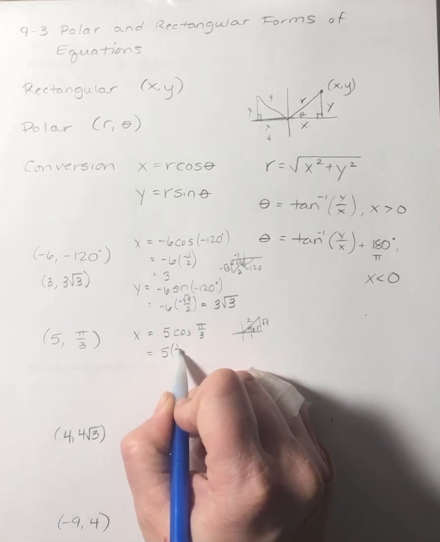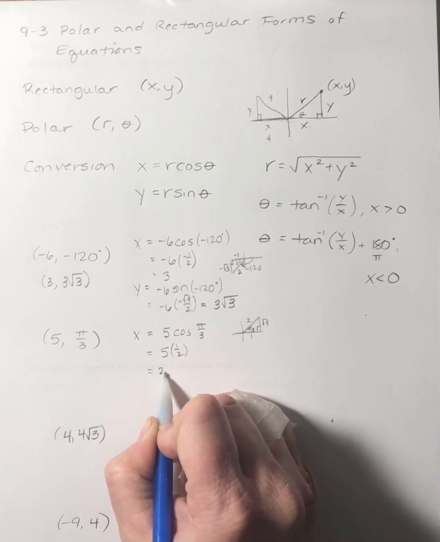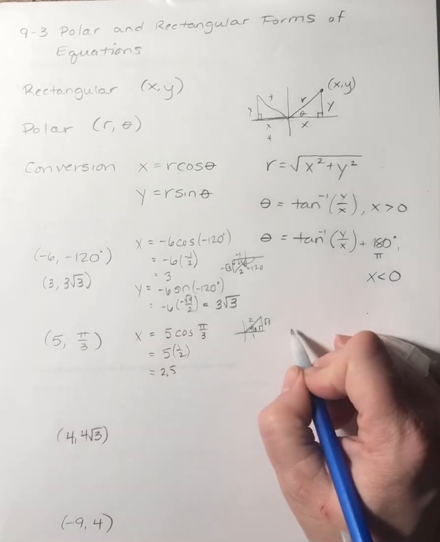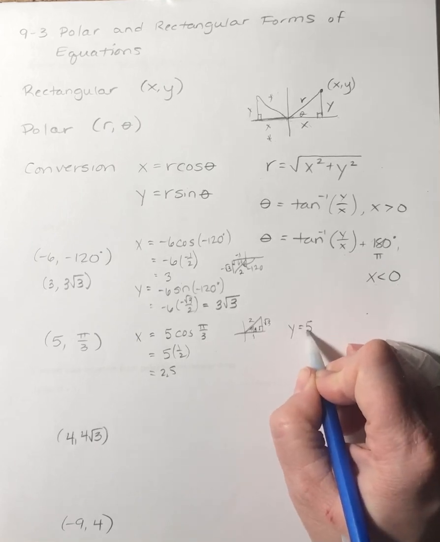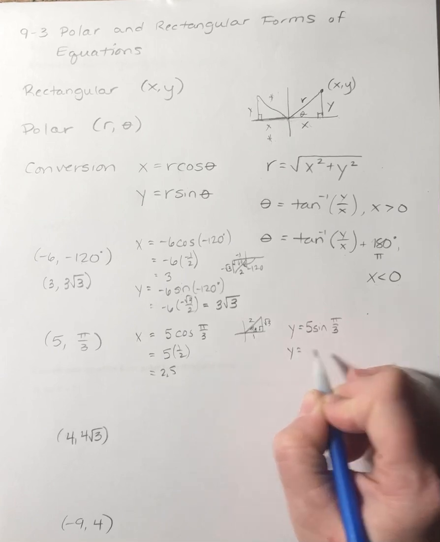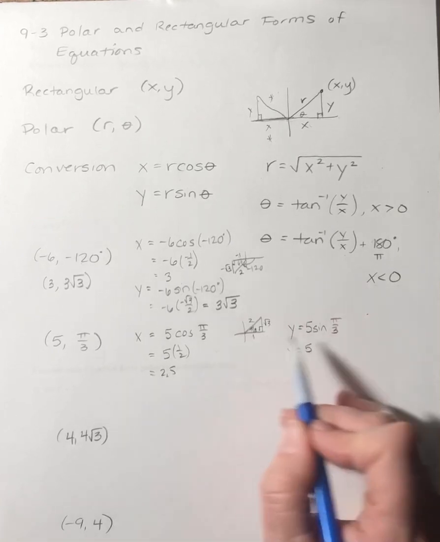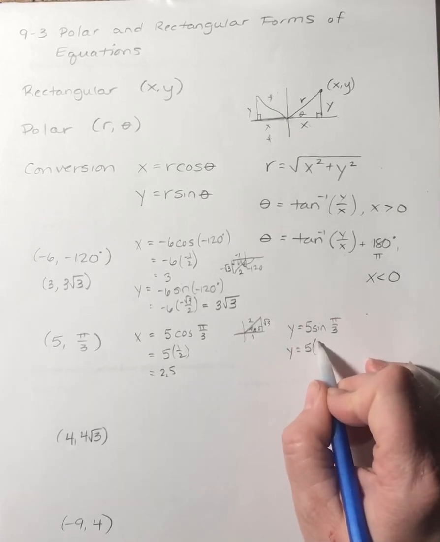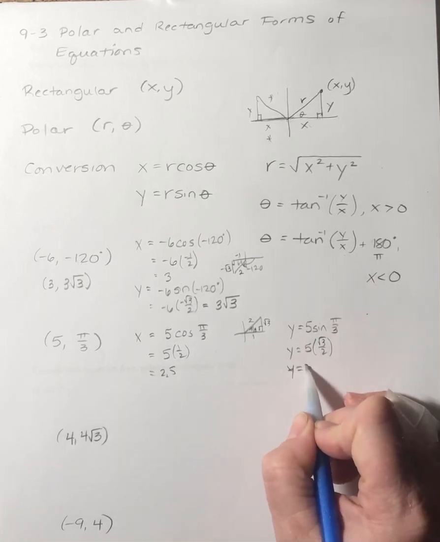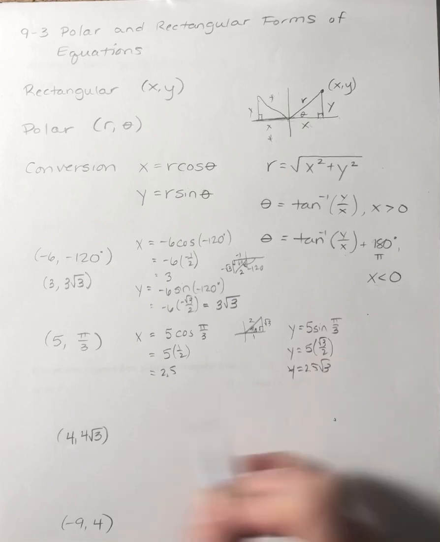So 5 times 1/2 is 2.5. y equals 5 times the sine of pi thirds. And the sine of pi thirds is square root of 3 over 2. So I get 2.5 times the square root of 3.